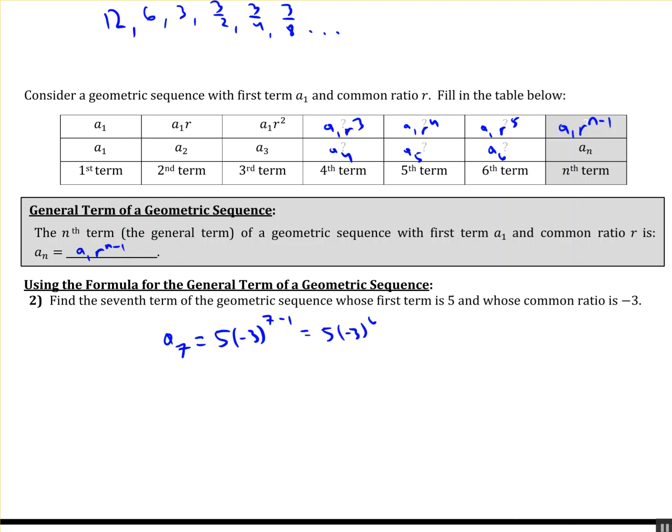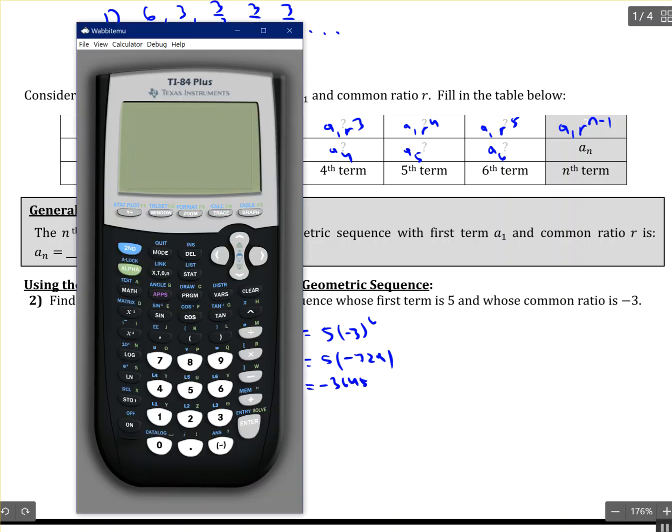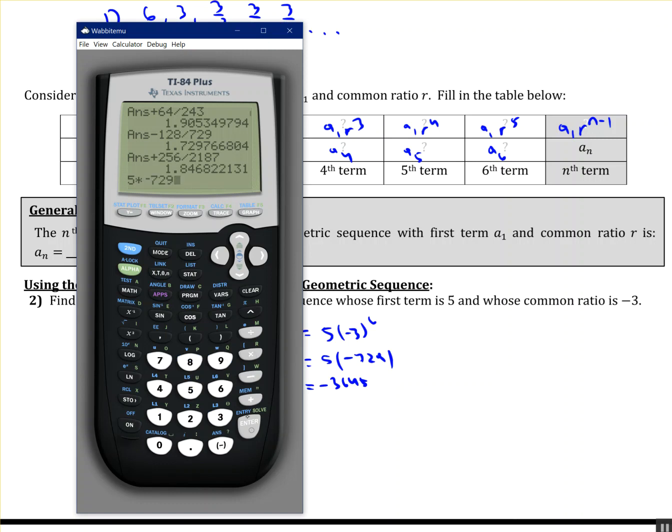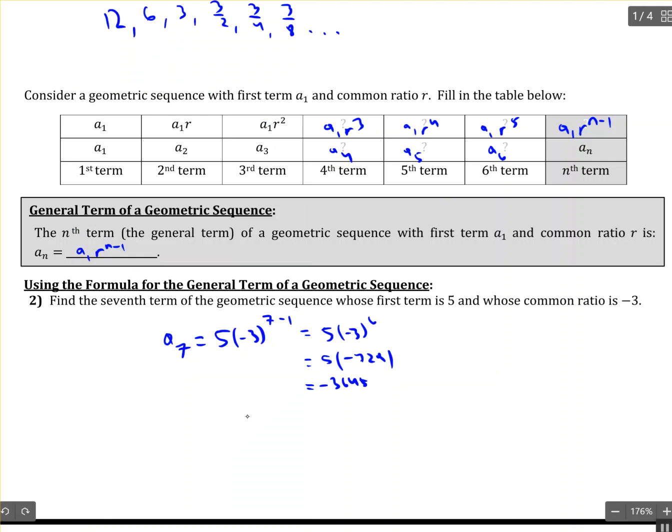So 729 times 5, 3645, I think. I should check my math there. Okay, excellent. So we end up with that as our answer.